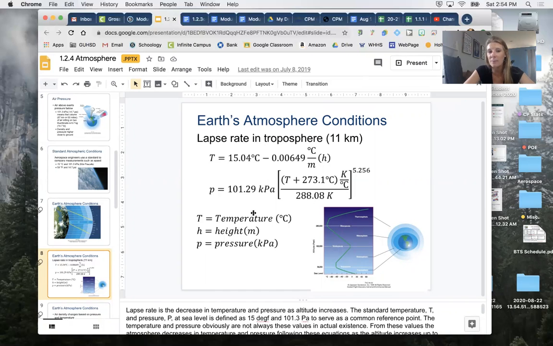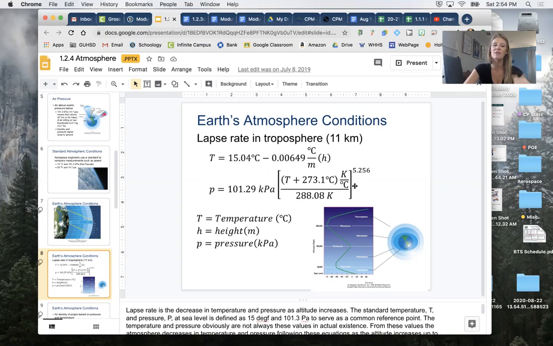To calculate temperature in the troposphere, we take the sea level temperature and subtract a constant, degrees Celsius per meter, times the height in meters. And then this is the calculation for pressure.